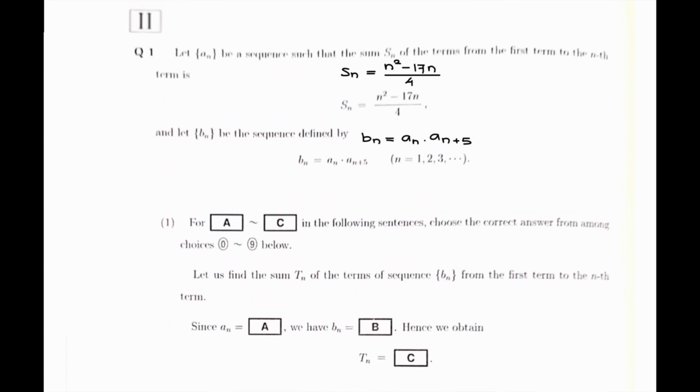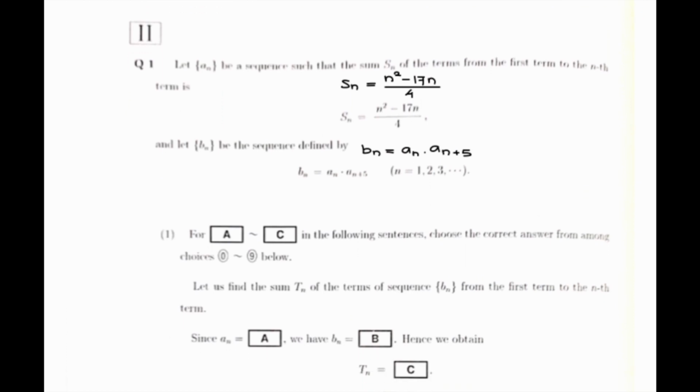If you see from the beginning of this question, they give us the sum of the sequence of An, which is Sn. Since Sn is a quadratic function, you need to remember that if the sum of the first n terms can be expressed as a quadratic function, that means An is an arithmetic progression.